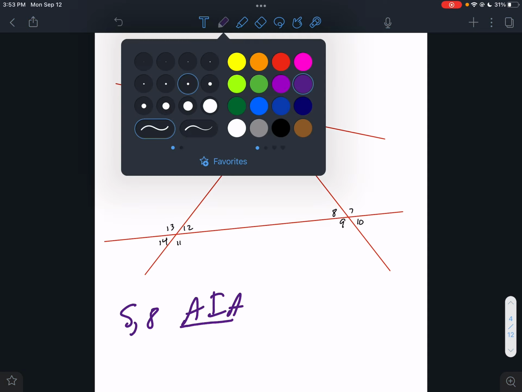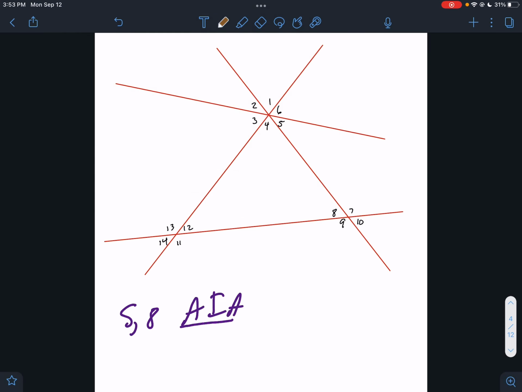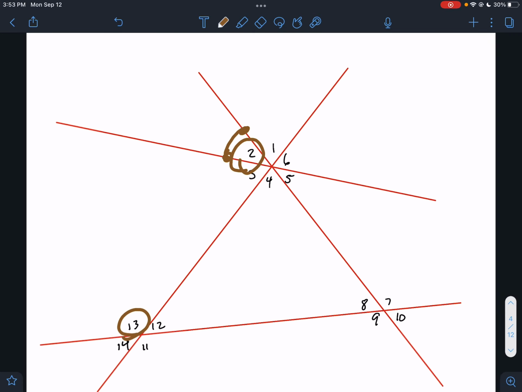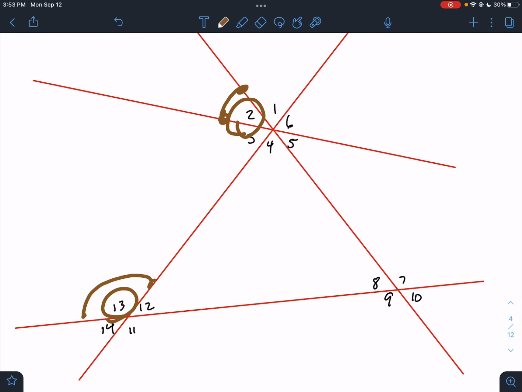The reason why this picture is so much harder, let's take a look at another example here. What if I said 1? Nope. What if I said 2 and 13? All right, let's look. 2 is these two. 13 is those two. Are any of those the same line? Like if I connect through this dot, did I hit any other dot? Nope. If I connect through this dot, do I hit any other dot?